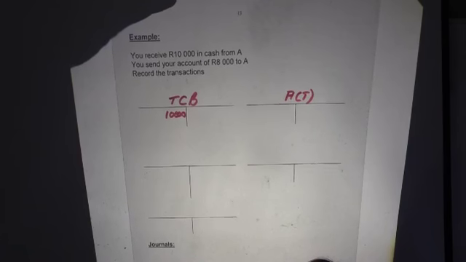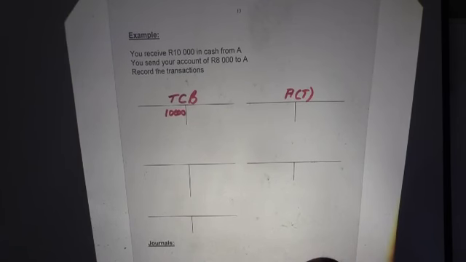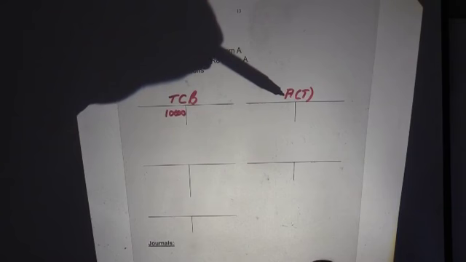We will open, ladies and gentlemen, a trust cash book, and we will debit that amount in our trust cash book because it's trust money, 10,000 rand, and we will open an account for A, and in brackets we will put a T there to indicate that this account is for A but in a trust capacity.